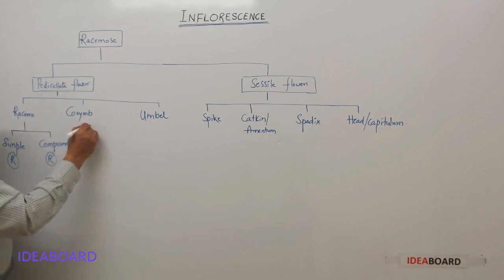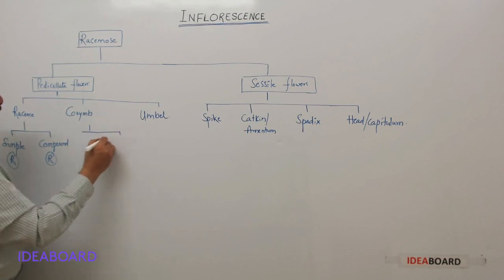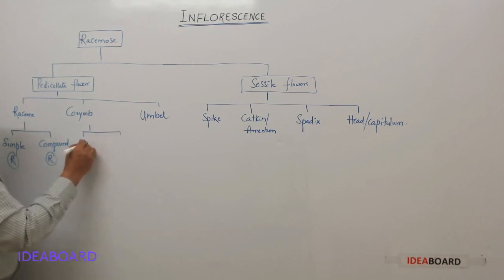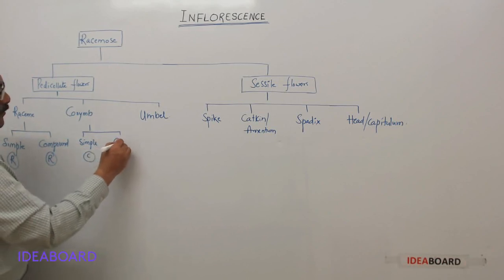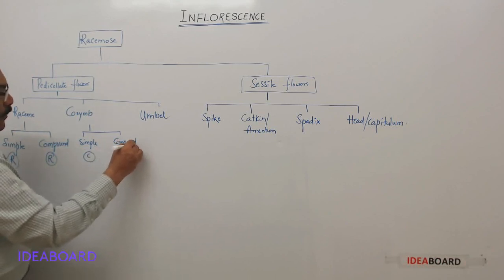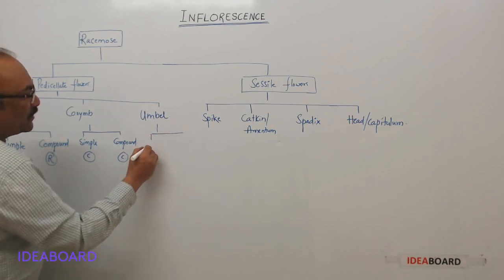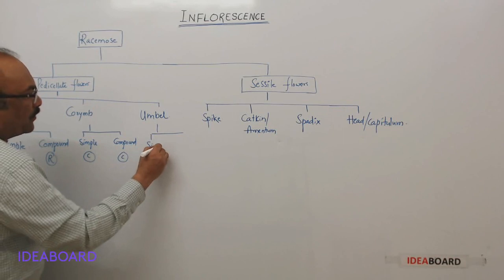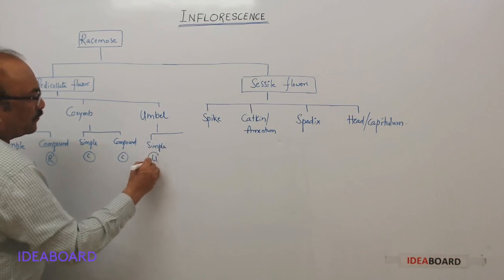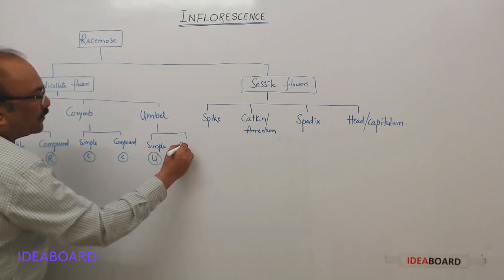In corymb also, you will find these two categories, that is simple corymb and compound corymb. In a similar manner, in umbel also, you will find simple umbel and compound umbel.